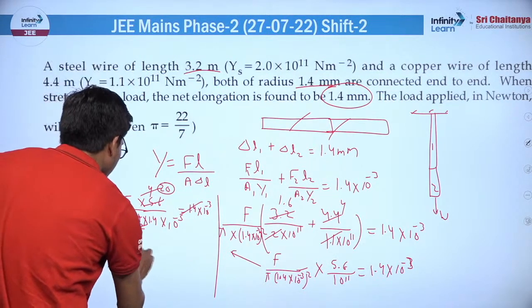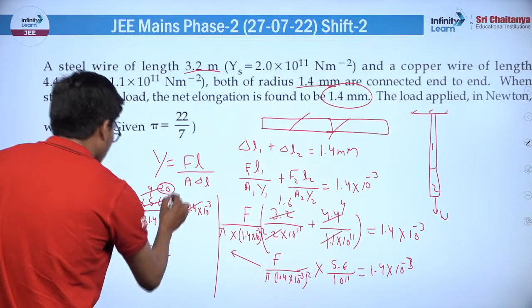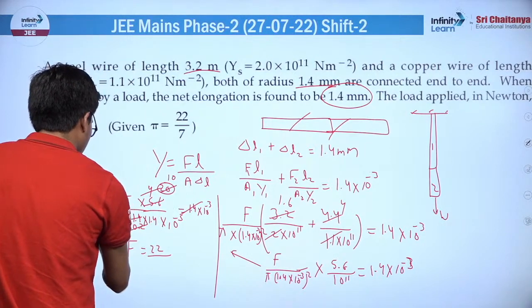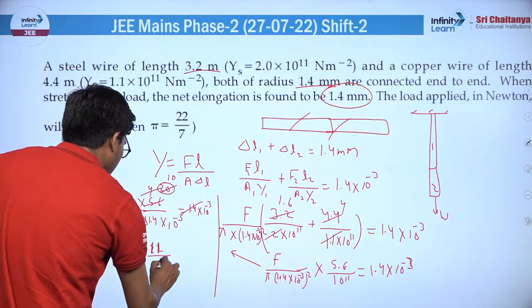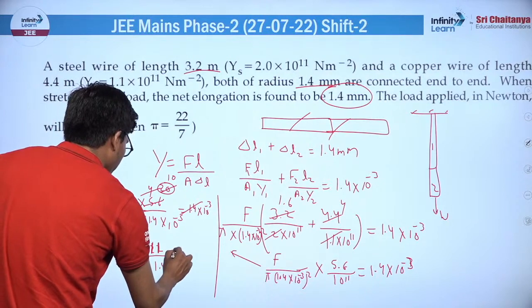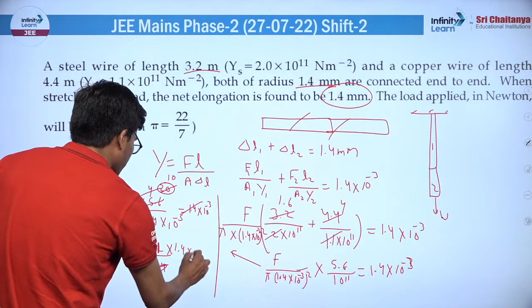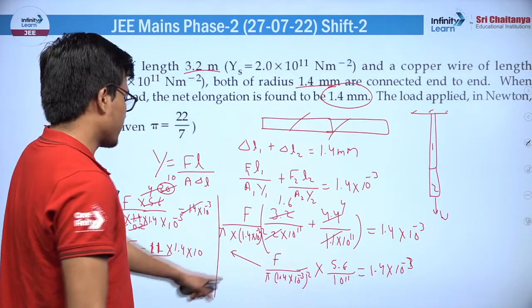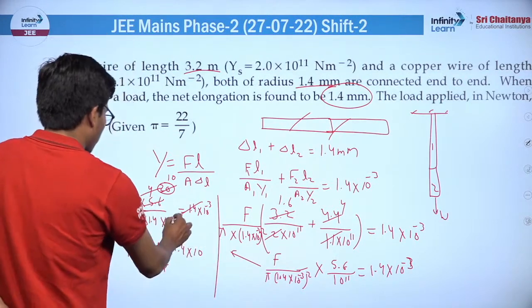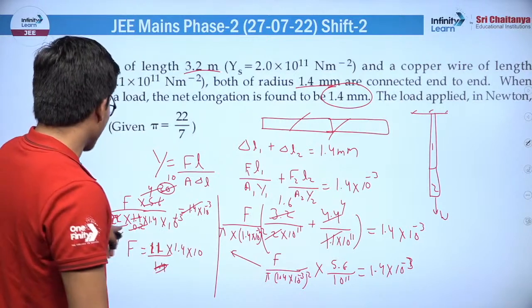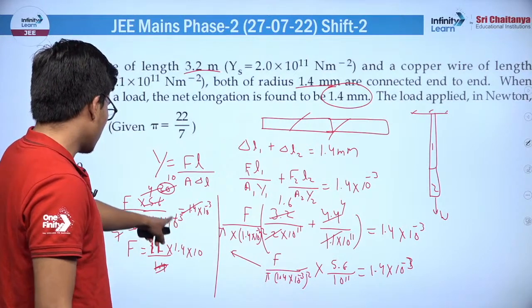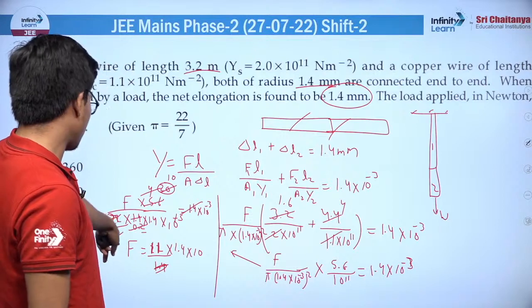So F is actually equal to 22 by 7, so you can write 11 by 10, 10 to the power minus 4, 1.4. 11 into 1.4 into 10 to the power minus 5 is there; 11 will be plus 5, and in plus 5 you can add the power as well.